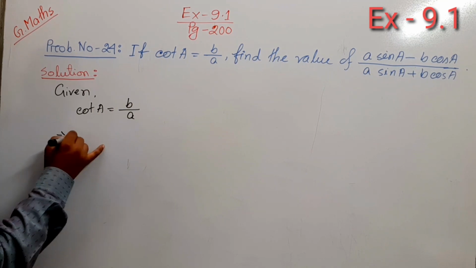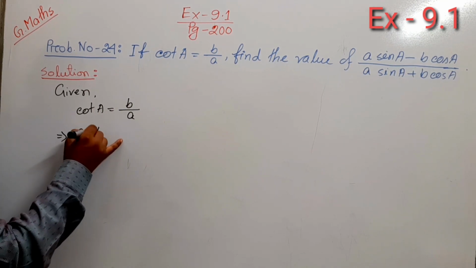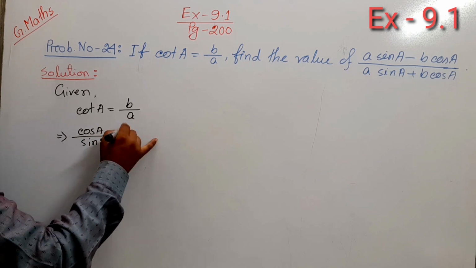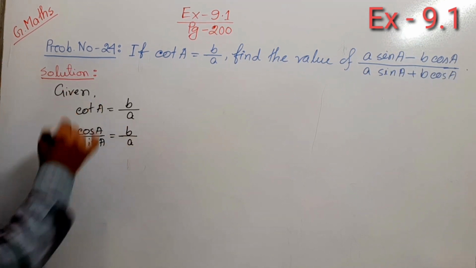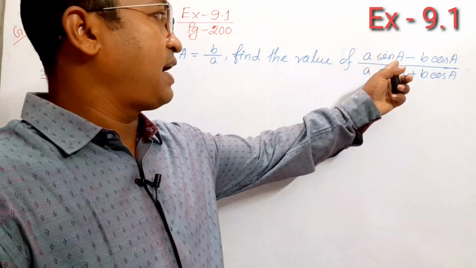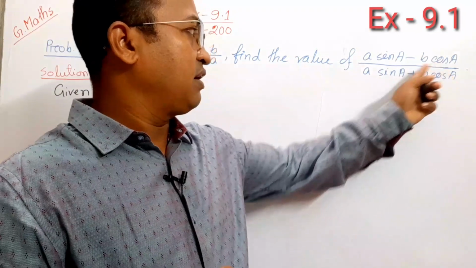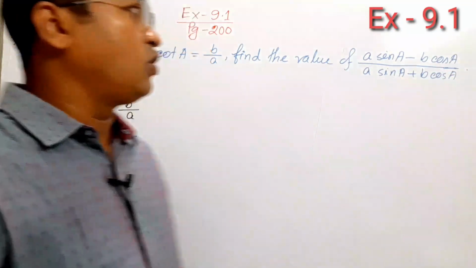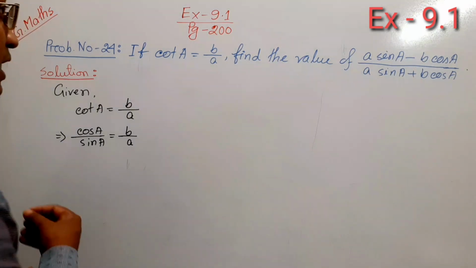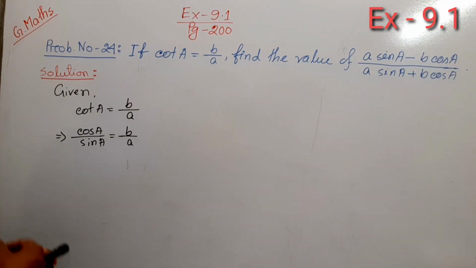We know cot A equals cos A by sin A equals b by a. Now look at the question. It is a sin A minus b cos A, again a sin A plus b cos A. So there is a product of a and sin A, and b and cos A.